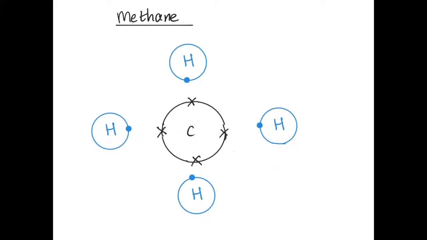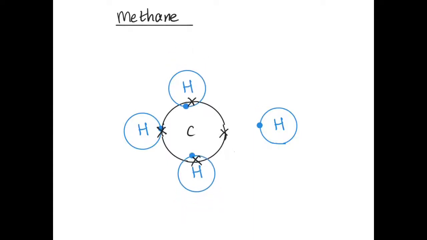So if we take methane, methane's made of C and 4 H's. Carbon's got 4 electrons in its outer shell, hydrogen has got 1. You can imagine that it comes in like this. I'm putting the last one in and then tidying it up.